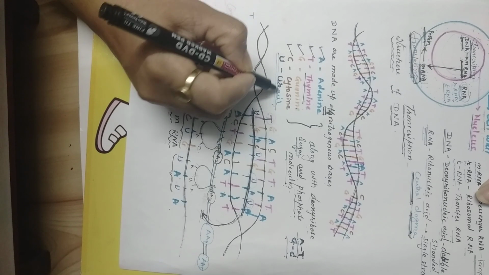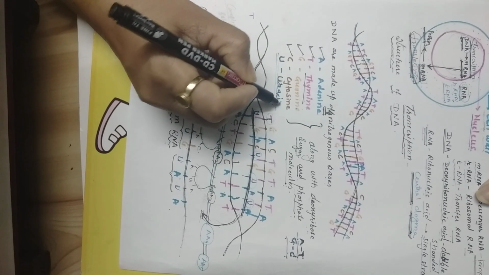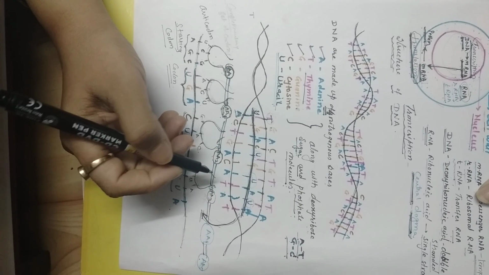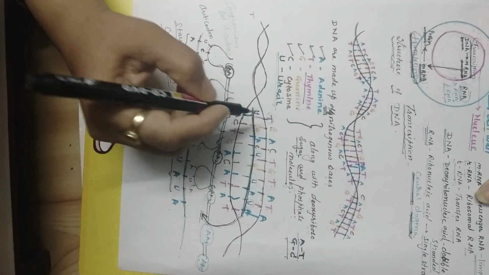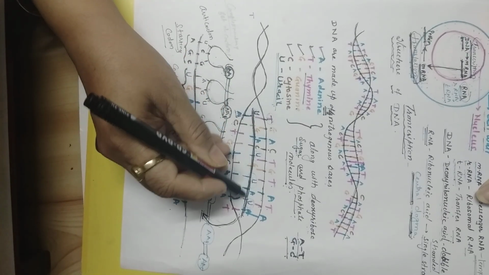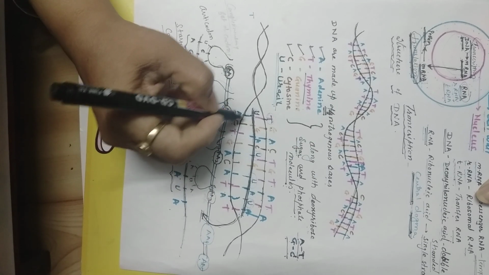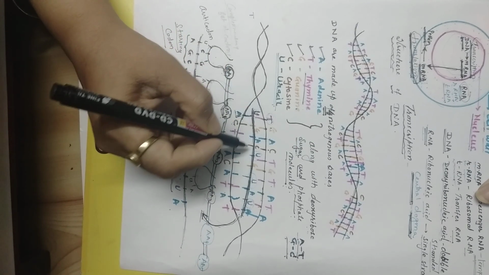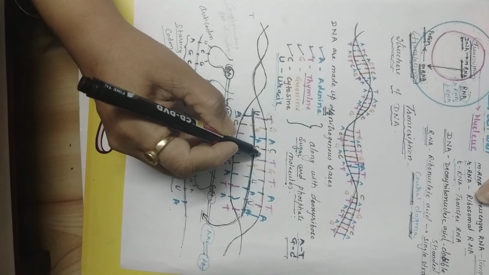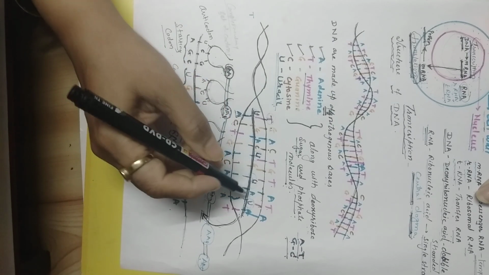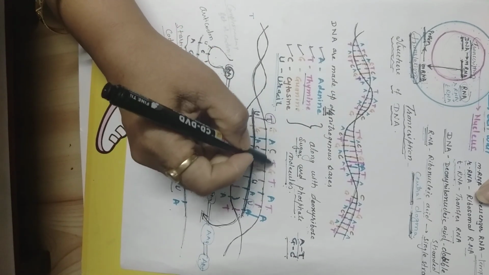So whenever this strand is forming, A is paired with U. You can see here this A is also paired with U. Everywhere, wherever this thymine is there in case of DNA, here you can see uracil in case of messenger RNA.